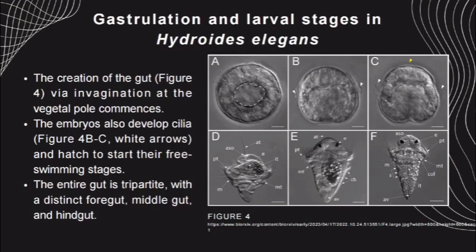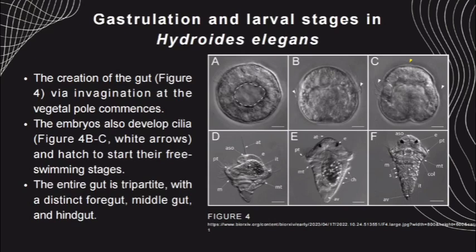The embryo also develops cilia, the white arrows on figures B and C, and hatches to start its free-swimming stage. They then generate an apical tuft that is typical of many marine larvae. The yellow arrow on figure C marks the apical tuft, as well as a thick ciliary band that will later form the prototroch.